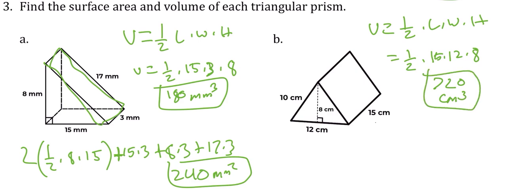Now for surface area, we can't really see all the faces here, but we know we're going to have this square and the same thing on the left side over here that we just can't see. We know that this is going to be 10. And so we're going to say 2 times 15 times 10.